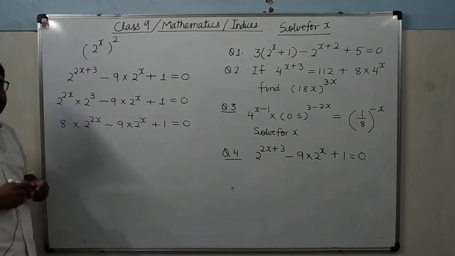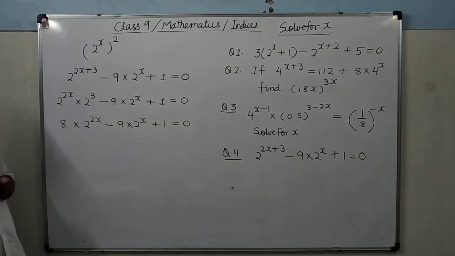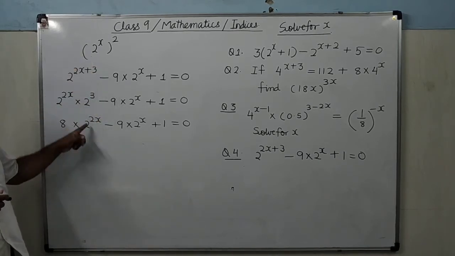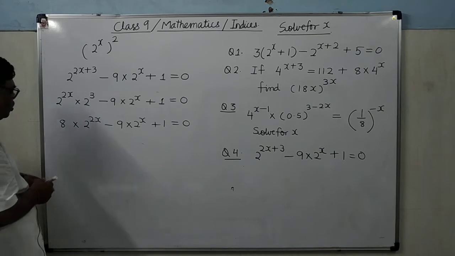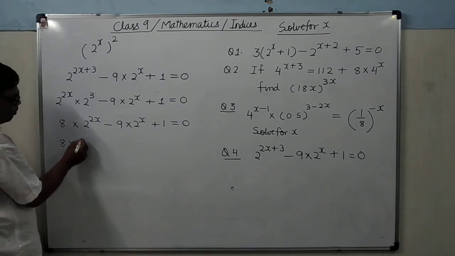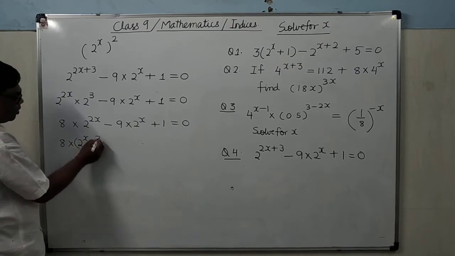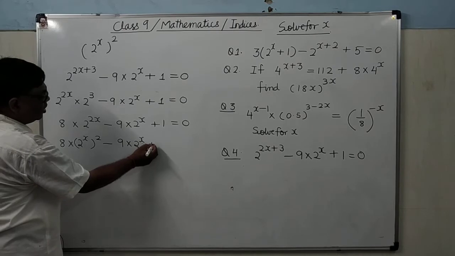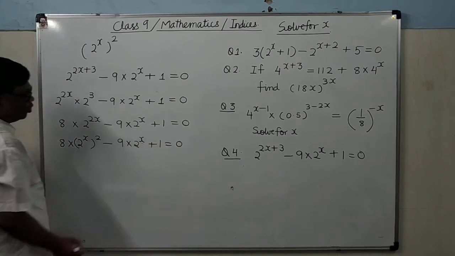It's clear? So 2 to the power x here in this also as well as here also. So you write it in that form. 8 into 2 to the power x whole to the power 2 minus 9 into 2 to the power x plus 1 equals to 0.